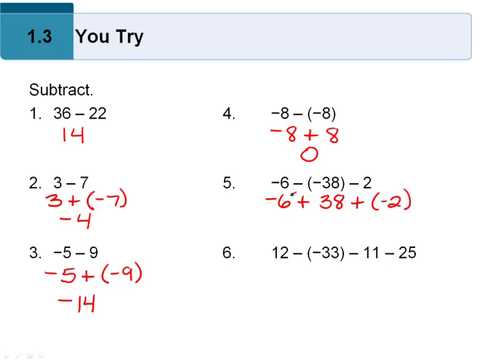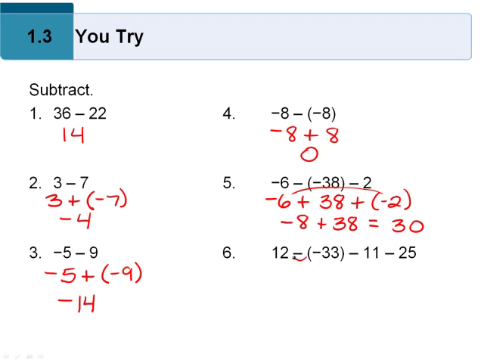Okay, so I have 2 negative numbers here, -6 and -2. I want to go ahead and add those and keep the sign, -8 plus 38. Now that the signs are different, I'm going to subtract and keep the bigger sign, so that would give me +30. All right, and the last one on this slide, 12 minus -33 minus 11 minus 25.